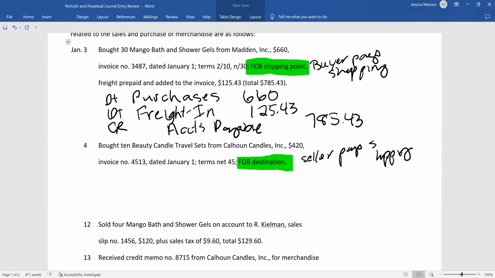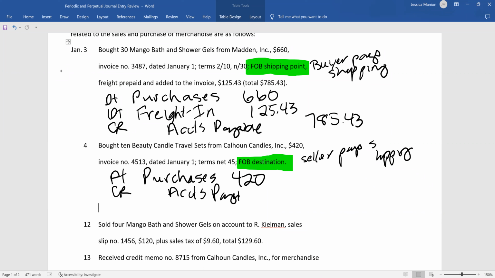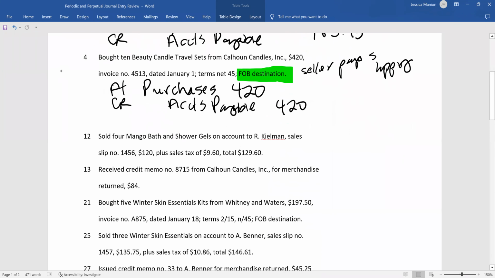Terms net 45, FOB destination. Again, FOB destination, the seller pays the shipping cost, so we don't have any freight in this example. So for this one, we're just going to debit purchases for $420, credit accounts payable for $420. That is what that one would look like.